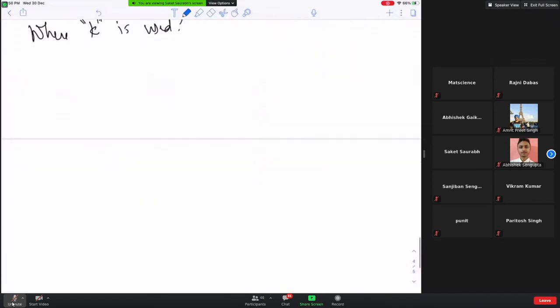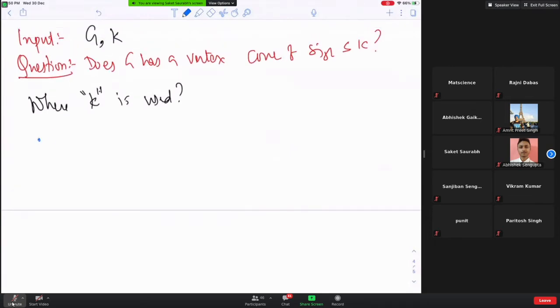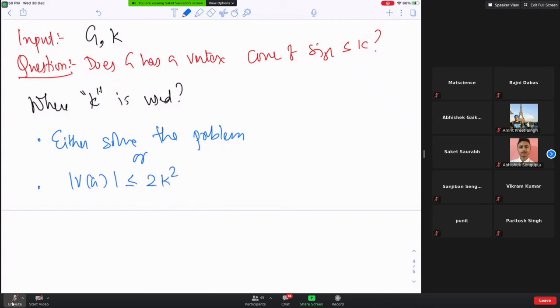I'm trying to either solve the problem, or suppose I'm able to say that the vertex set of G is at most 2k squared.